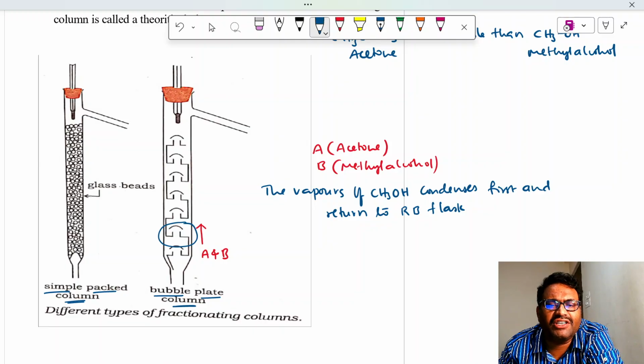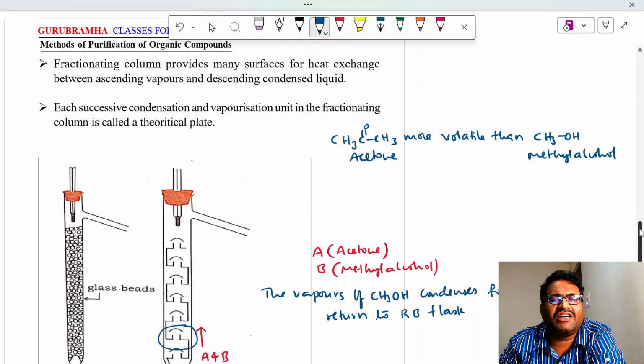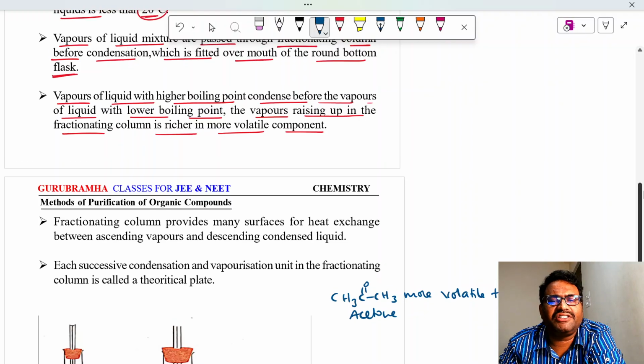When it condenses, it gets converted into liquid and falls into the round bottom flask. Whereas acetone is not condensing easily because its boiling point is less, so it slowly moves up. So this process happens, with exchange of heat happening. So condensation and vaporization occur, right?